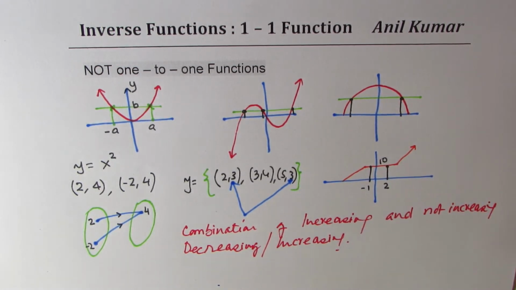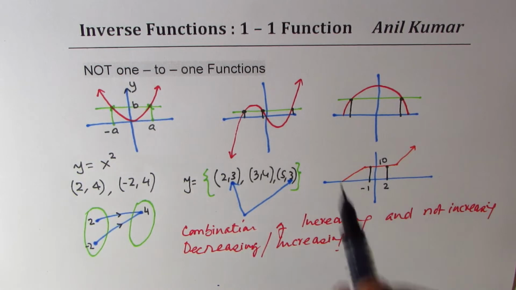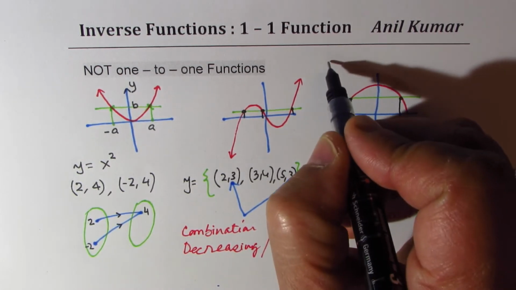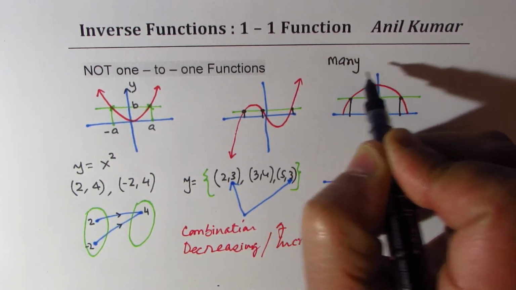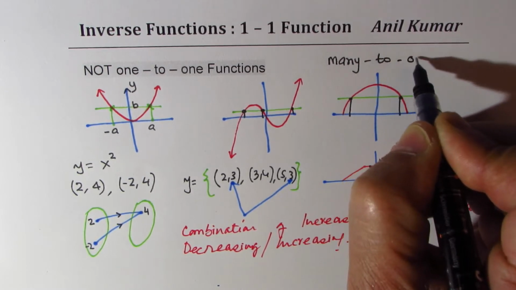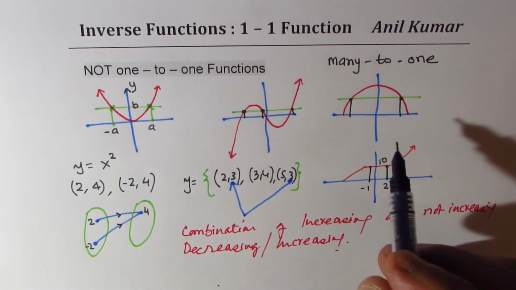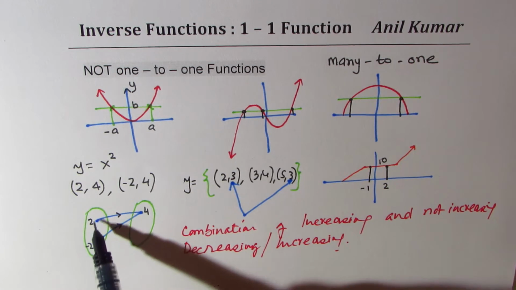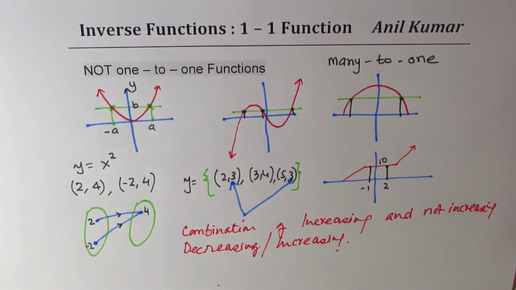So it is not a one-to-one function. You get an idea, right? This type of function is many-to-one. Many values are linked to one value in y.